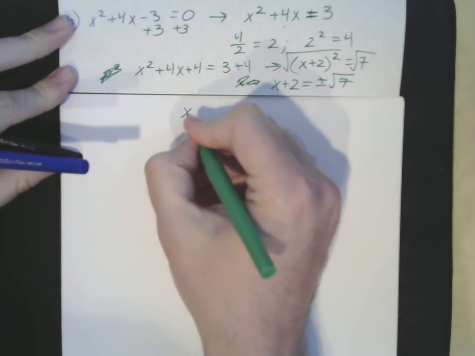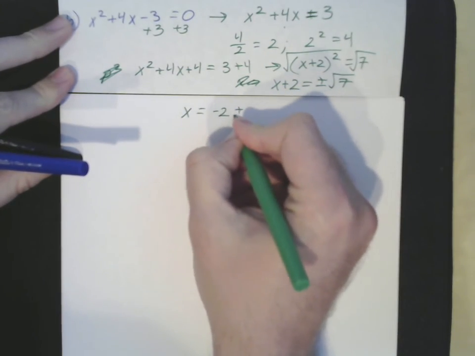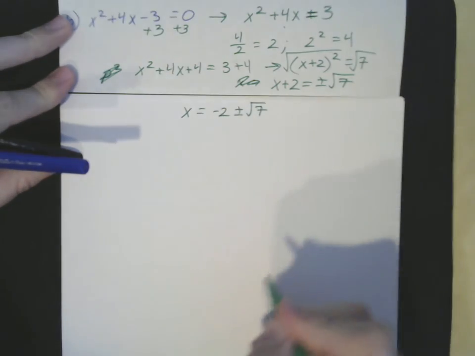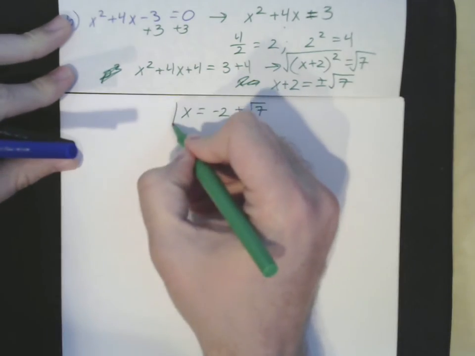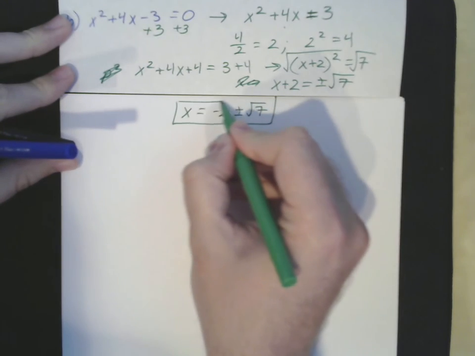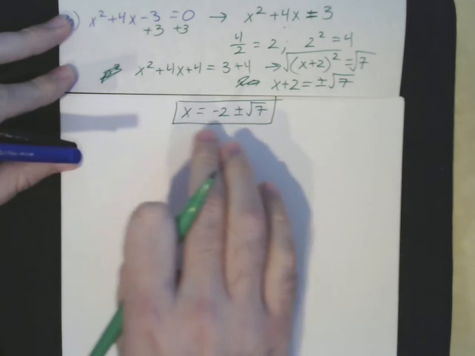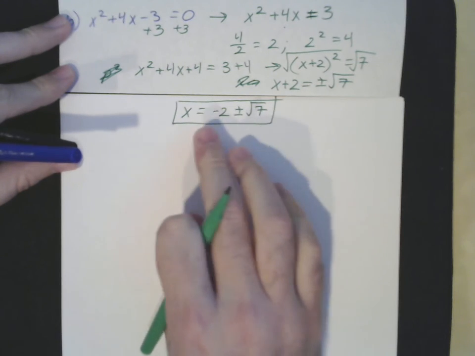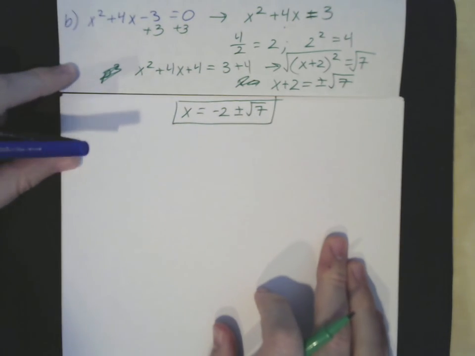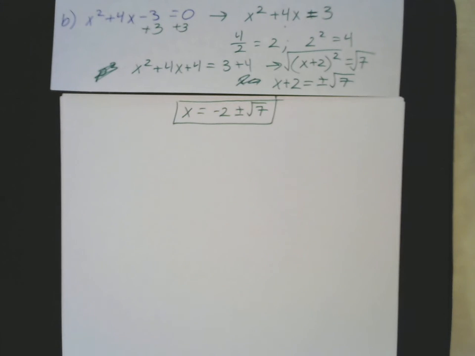So we end up with x equals -2 plus or minus the square root of 7. And since this can't be simplified, we can use this as our final answer. Again, you could list it as -2 plus square root of 7 and -2 minus square root of 7. They're both correct versions.